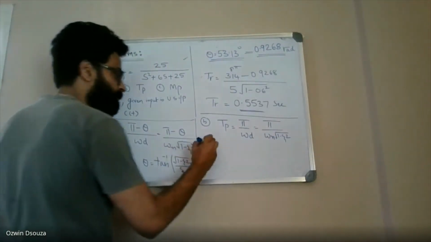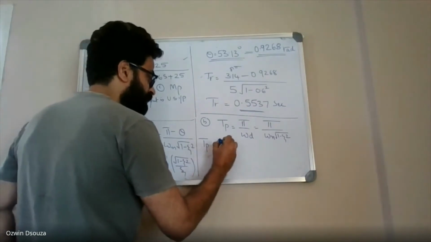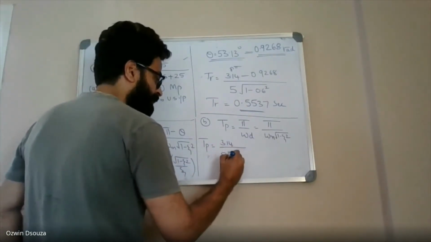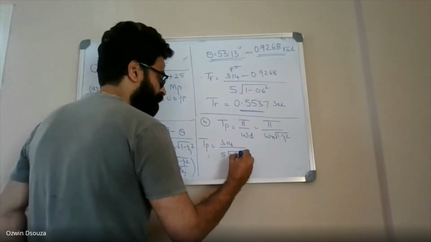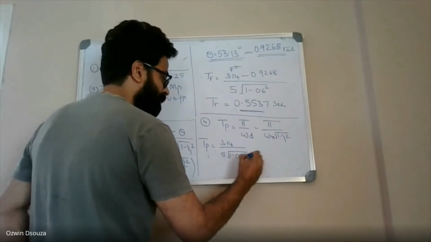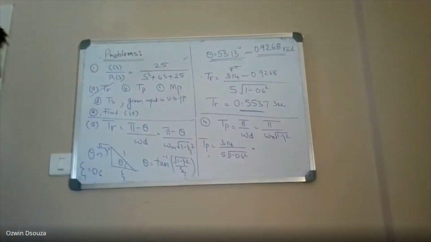So substitute: TP is equal to 3.14 divided by omega n into under root 1 minus zeta square, that is 0.6 whole square.